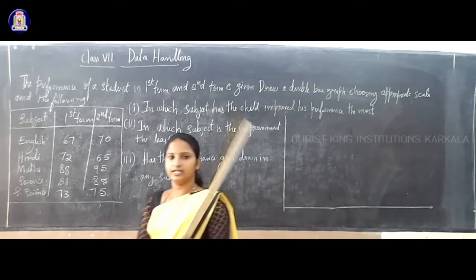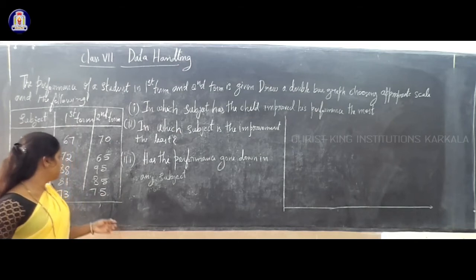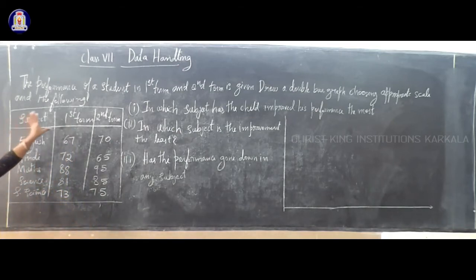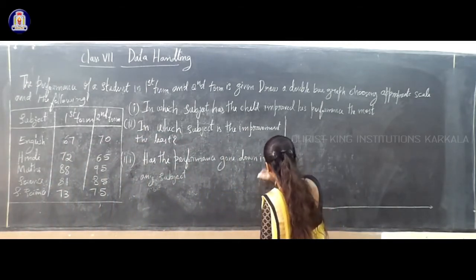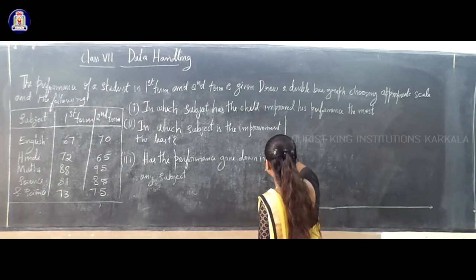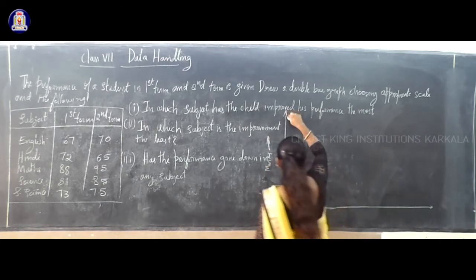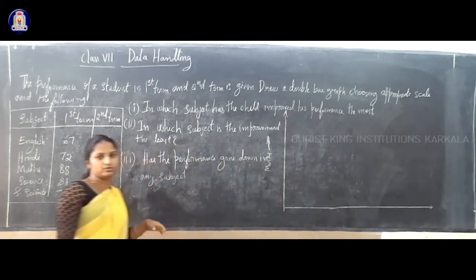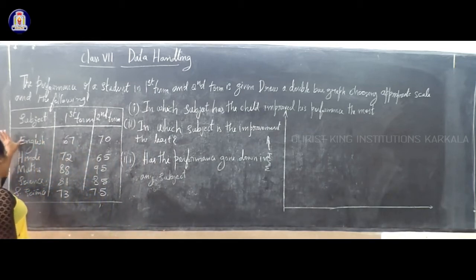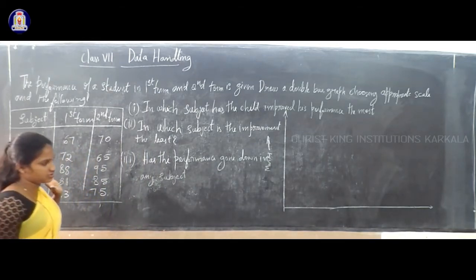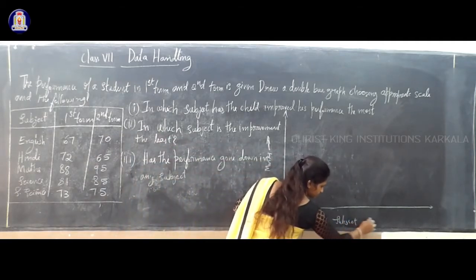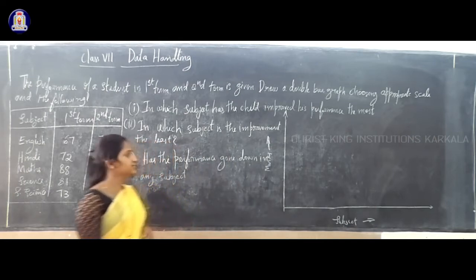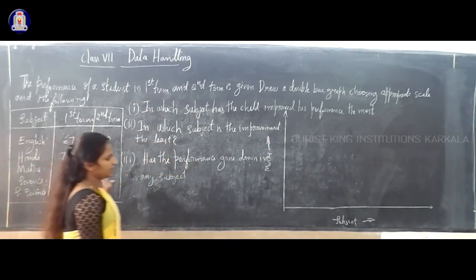Horizontal line and vertical line. So in the vertical line, what you have to write? You have to write the first term and second term marks. So I write the first term and second term marks. That means I write simply marks. In the horizontal line, what you have to write? You have to write the subjects. Subjects are given: 1, 2, 3, 4, 5 subjects. So here you must write the subjects.